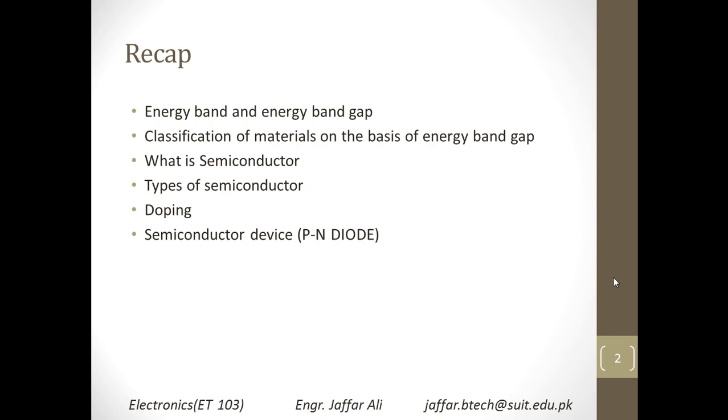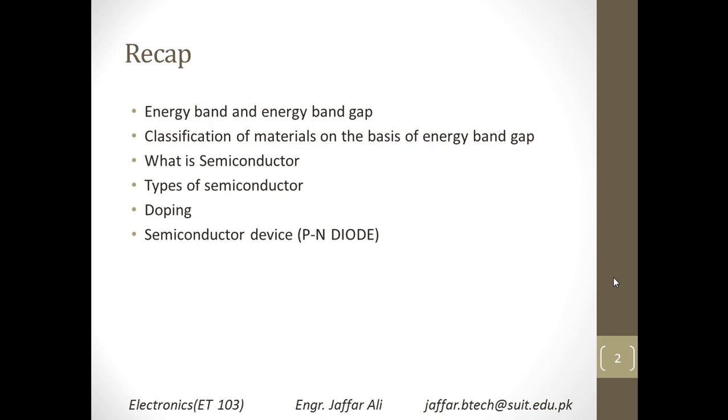In the previous lecture, we studied the energy band and energy band gap. We looked at how this energy band gap can classify materials into three types: conductors, insulators and semiconductors. Then we studied semiconductors in detail.